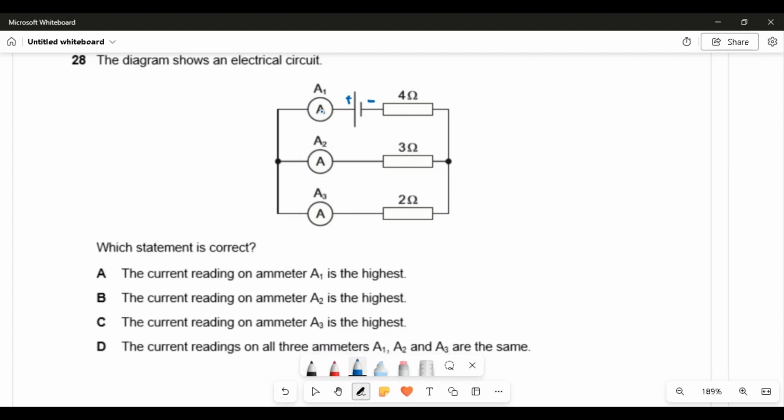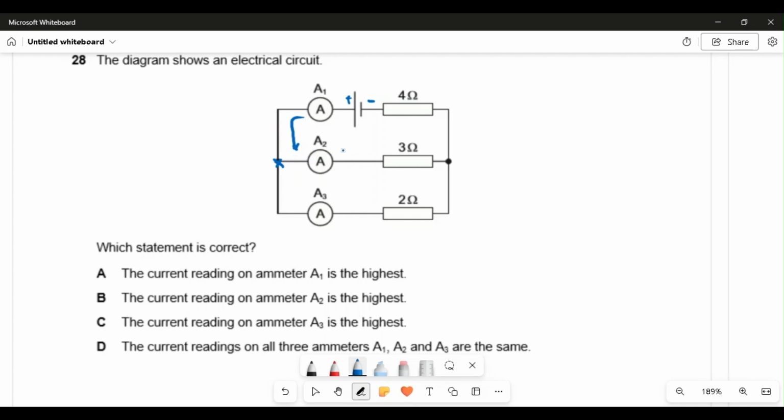Now we have to understand one thing. This ammeter is attached directly to the battery. So current from the battery moves toward this, and there is this junction. At this junction, this current is divided.